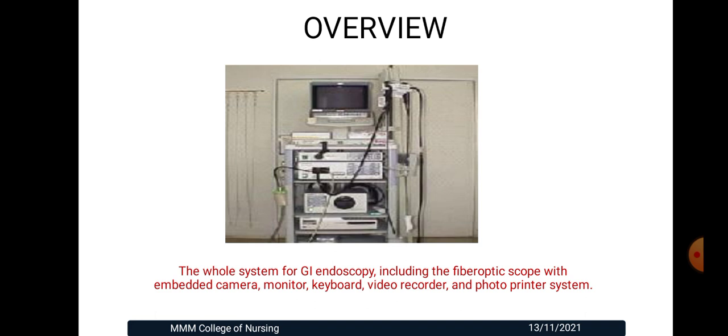Overview of the endoscopy. The whole system for GI endoscopy, including the fiber optic scope with embedded camera, monitor, keyboard, video recorder, and photo printer system. This is the overview of endoscopy.